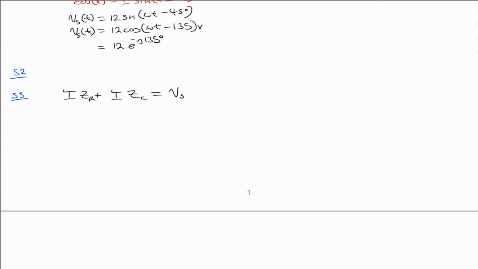So here I would have I times R plus I times 1 over j omega C is equal to Vs. We can factor out the I because the I is what we're looking for. Let's factor out the I, and this is 1 over j omega C equal to our phasor counterpart for source voltage.